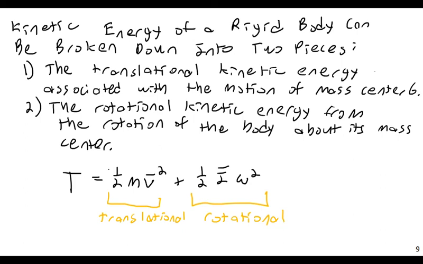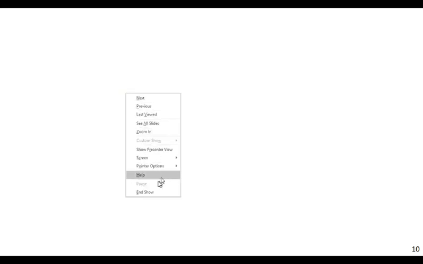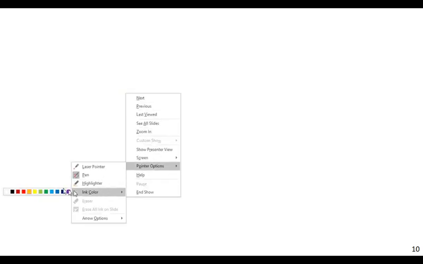Next, let us look at a system here. Let's continue on here. Next, I want to look at a case of a fixed axis.